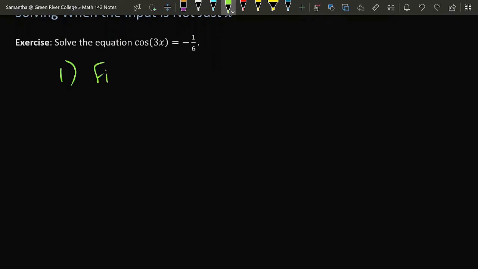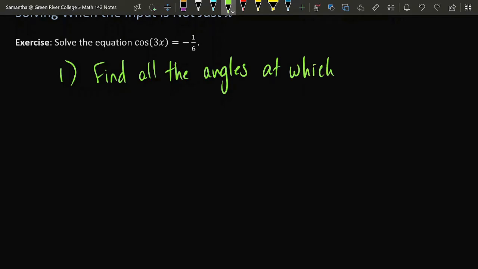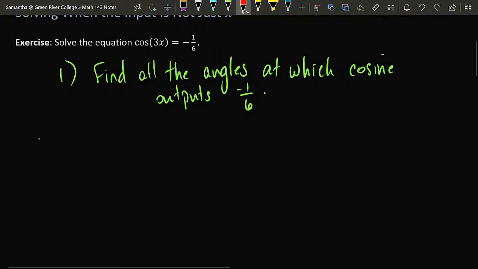The first thing that I'm going to do is use arc cosine and the unit circle to find all the angles at which cosine outputs -1/6.